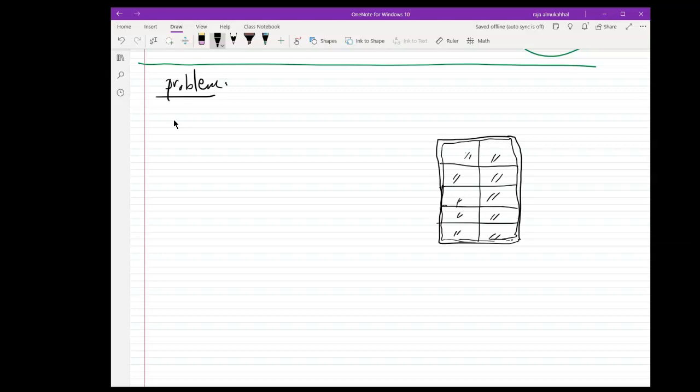Now, the window is part of a tall building. Imagine you have a tall building. Here it is, very tall building, you know, skyscraper. And the window is here. And this window is the one I'm drawing right here, all right? That's the window, okay?